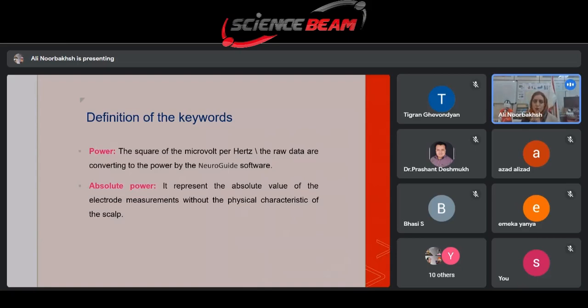Definition of the keywords. The power is the square of the microvolt per hertz. The raw data are converted to power by the NeuroGuide software. Absolute power represents the absolute value of the electrode measurement without the physical characteristics of the scalp.